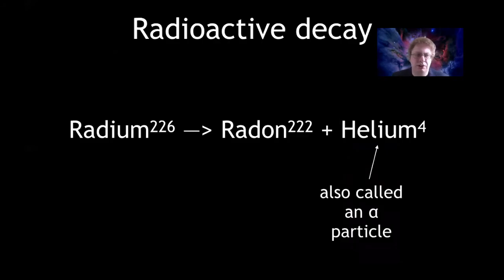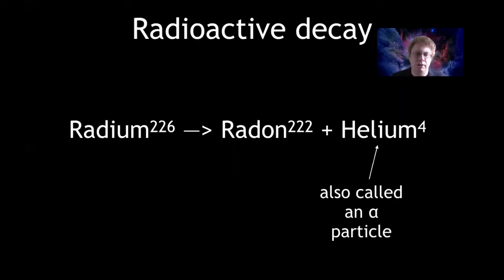So here's an example of one of these reactions that takes place. There's an element called radium, and I'm showing this equation here to show how radium decays into two other elements. On this equation, I've also added superscripts at the end of the names of the elements.